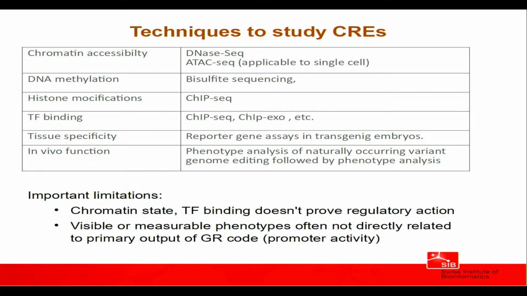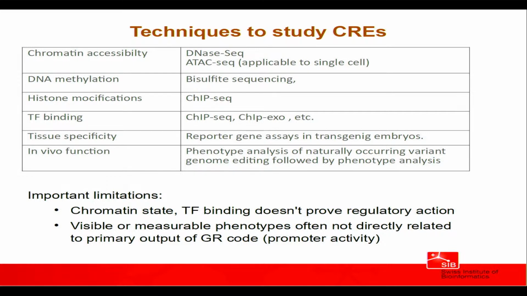I should say a few words on the techniques that are available to study these processes. Relatively recently we saw the advent of high throughput technologies which characterize certain features genome-wide. So chromatin accessibility can be assayed with DNase-seq or ATAC-seq, DNA methylation with bisulfite-seq, histone modification with ChIP-seq, and TF binding to specific targets also by ChIP-seq and related techniques.